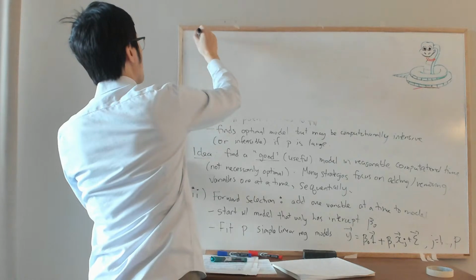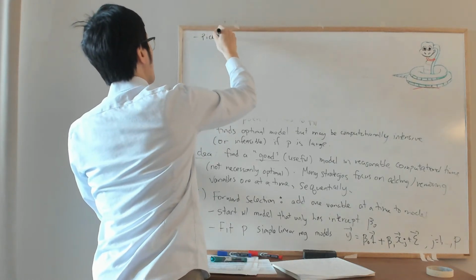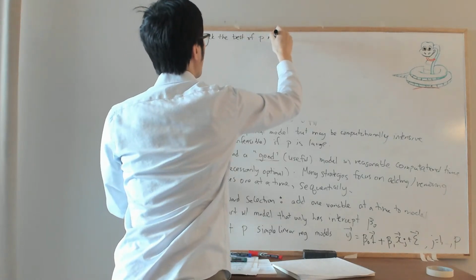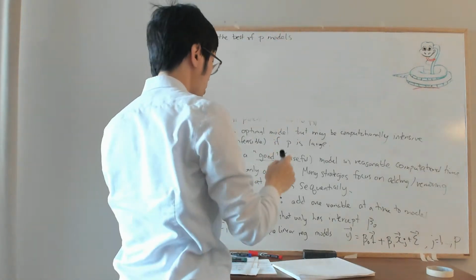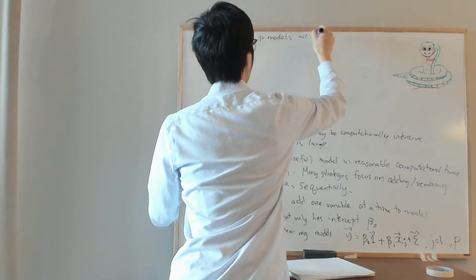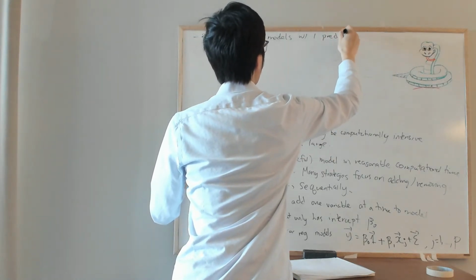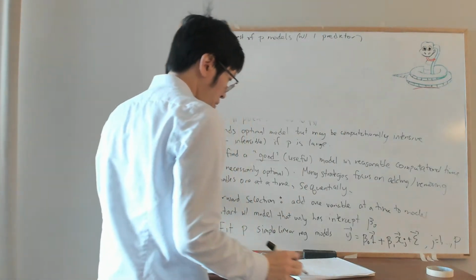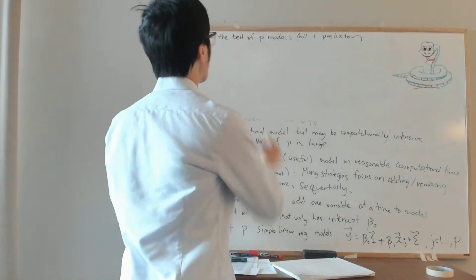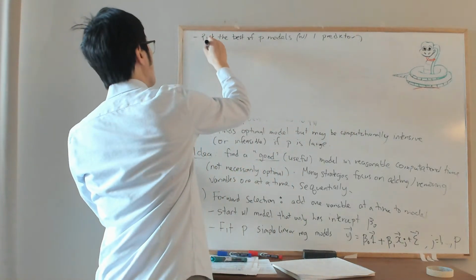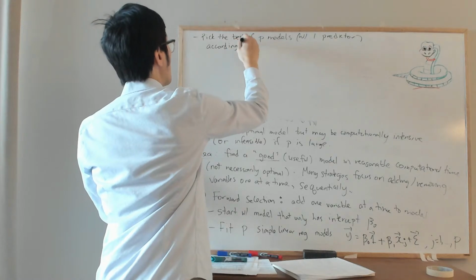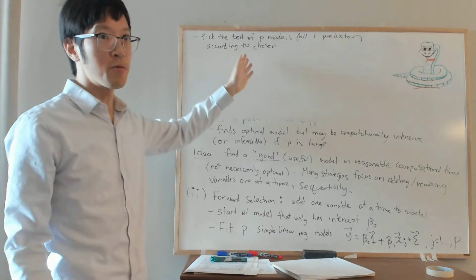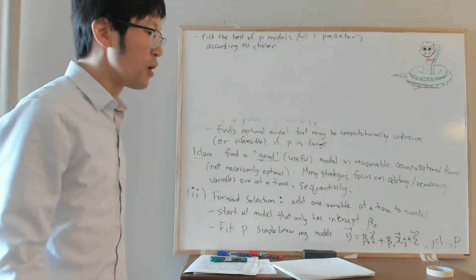Next we just pick the best of the p models with one predictor, the best according to the chosen criterion. This is why, when we do a model selection process, we might be using BIC, or we could be using adjusted R-squared.